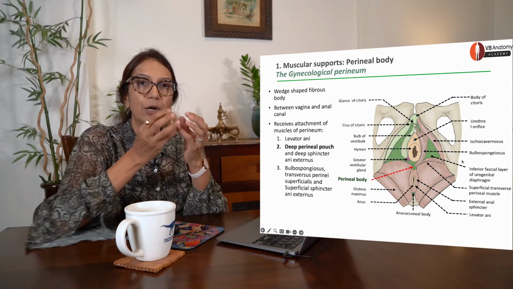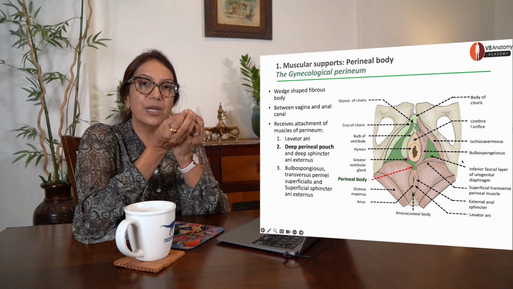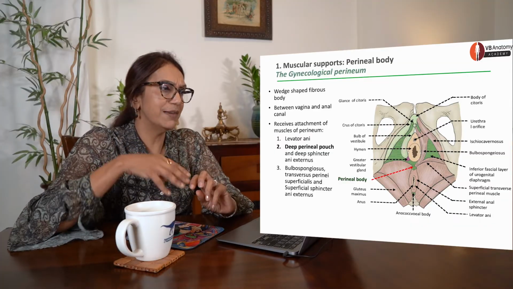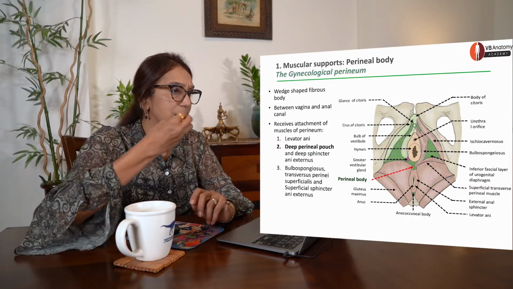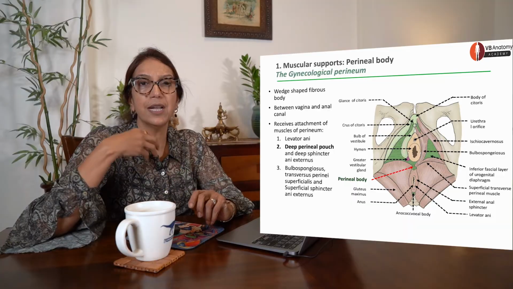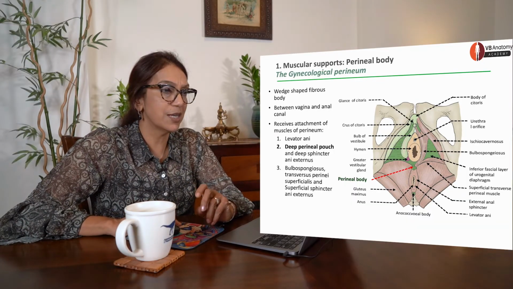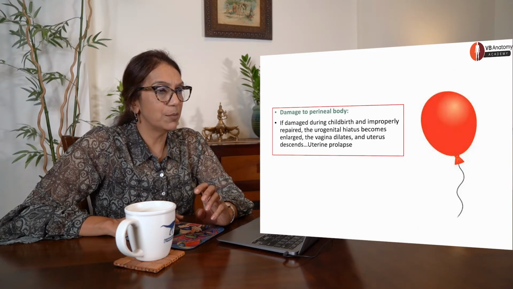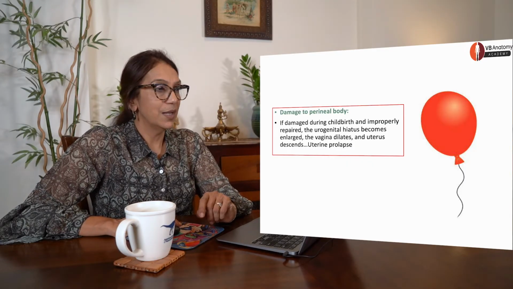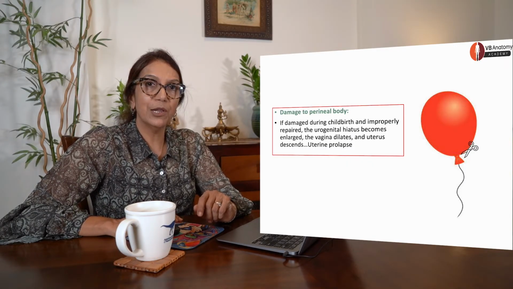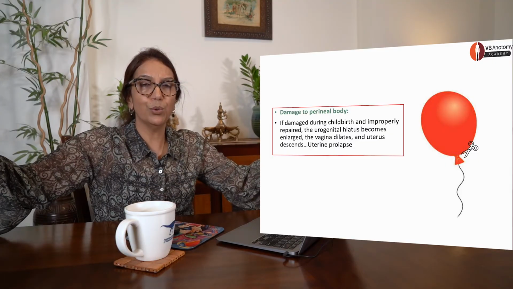Okay, a whole lot of muscles are attached to this single body called perineal body. Levator ani is attached, the contents of deep perineal pouch are attached, superficial perineal pouch are attached. Everybody is attached to perineal body, somewhat like the balloon. Now you go cutting off the lower end of the balloon, the whole balloon is going to open out.